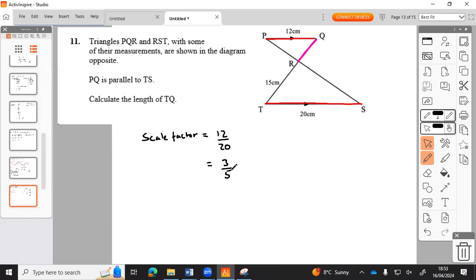So to find RQ, we're going to do TR multiplied by our scale factor. So our scale factor multiplied by 15.